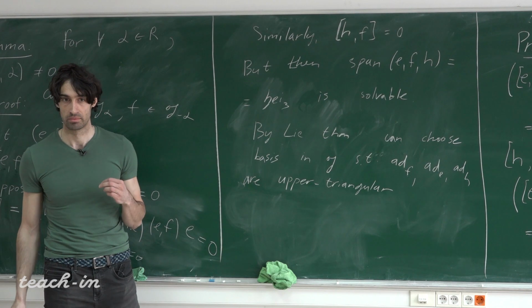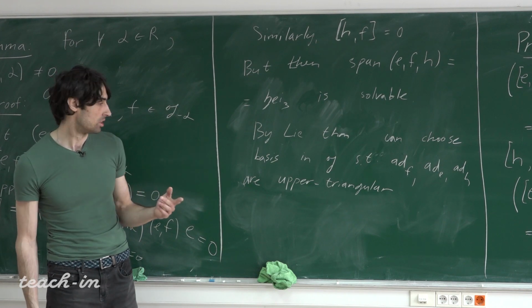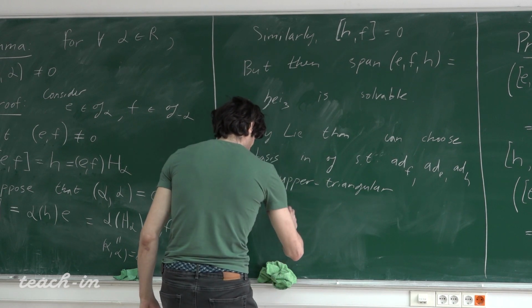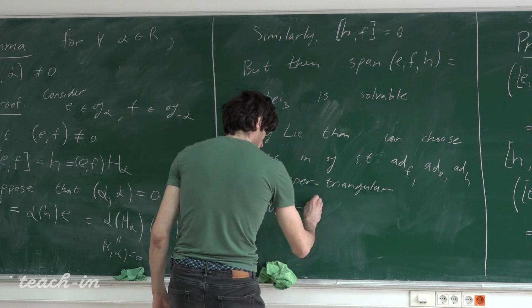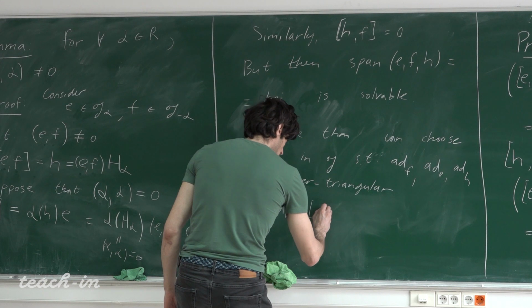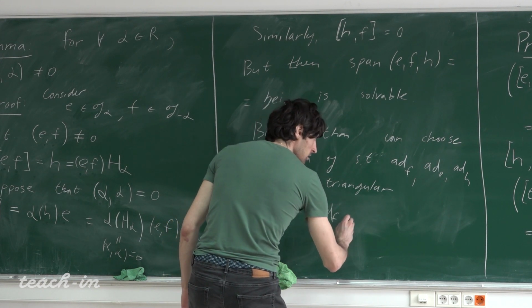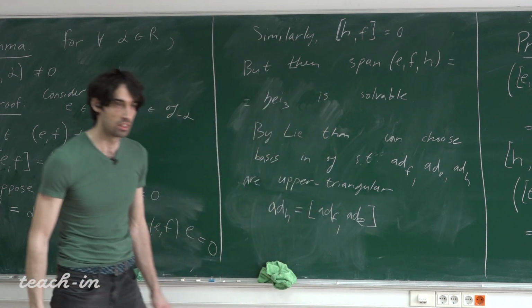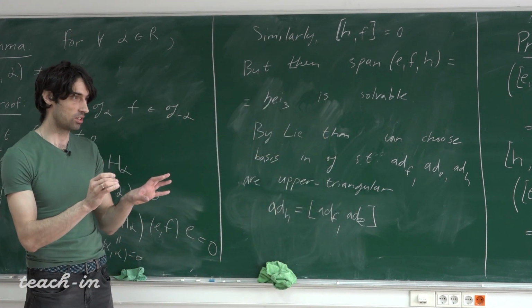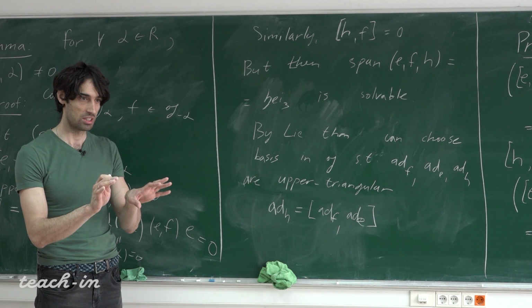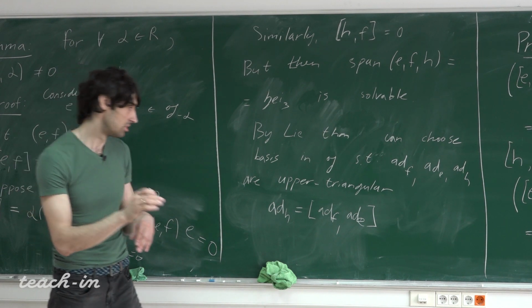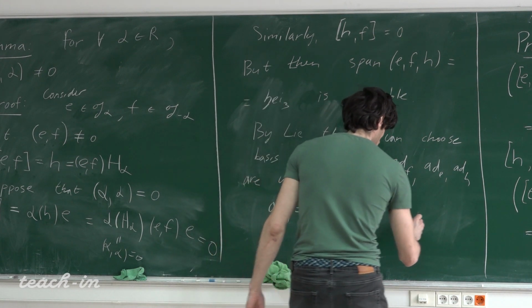But moreover, ad H is a commutator of ad F and ad E. So if I take two upper triangular matrices and commute them, I will get a strictly upper triangular matrix. So ad H is strictly upper triangular.